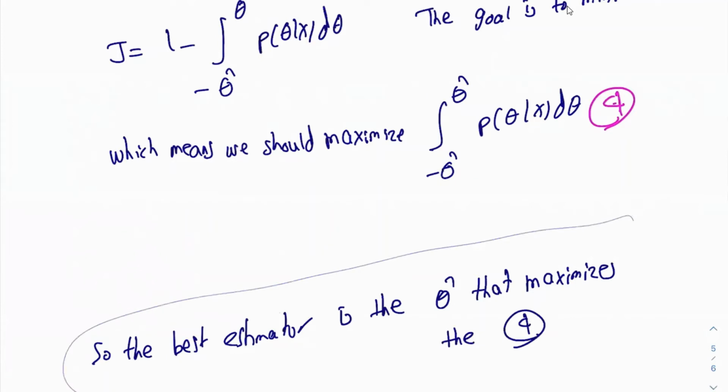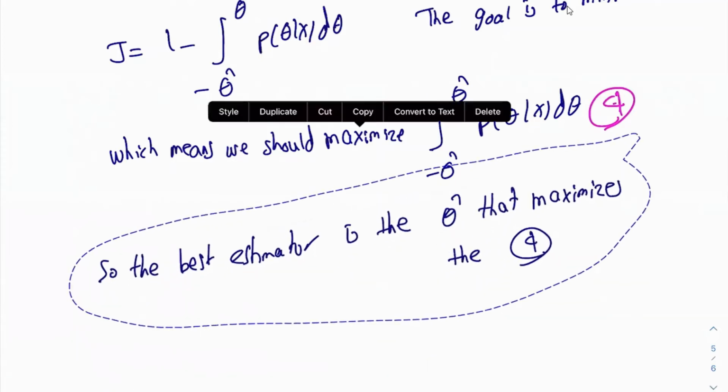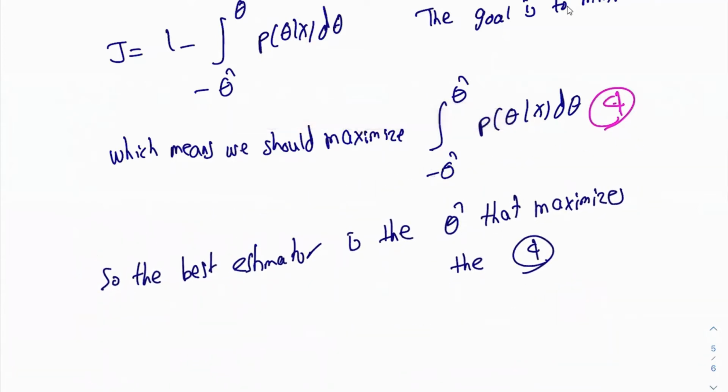Let's make it a little more compact and bring it here. Good. So what does it mean? We want the estimator that maximizes this expression.